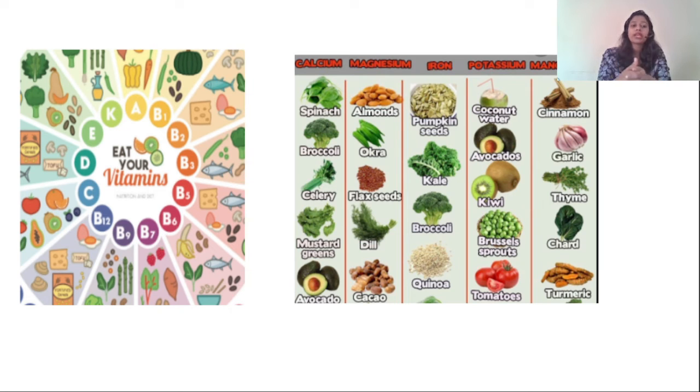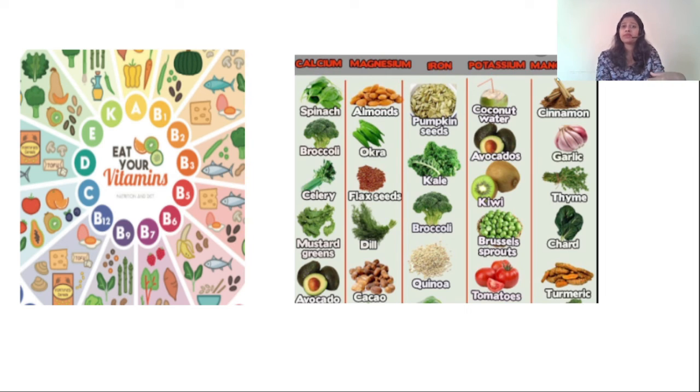And vitamin K is very important for the clotting of blood, and it is mainly present in green leafy vegetables. We will make another video for vitamins A, B, C, D, E, K in detail. These are the common sources.